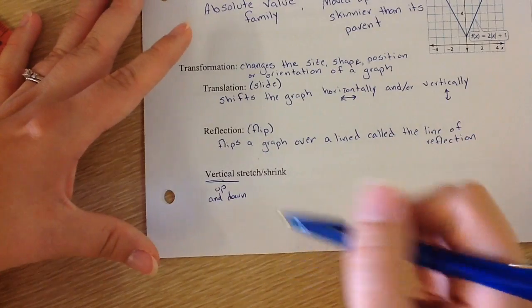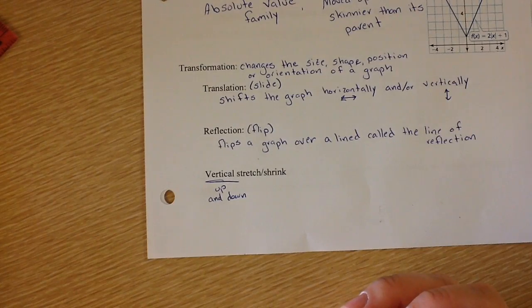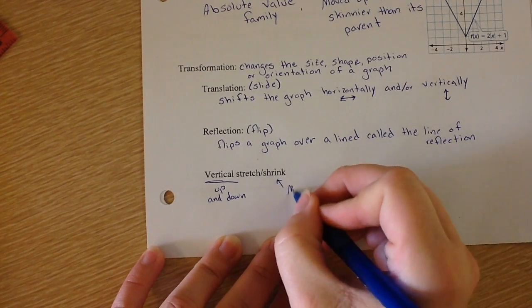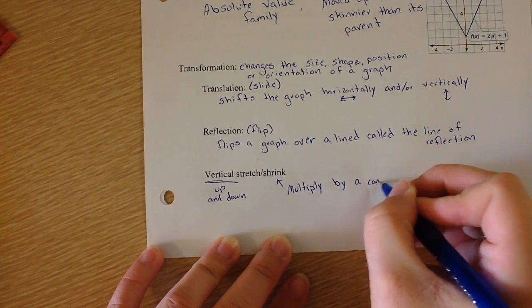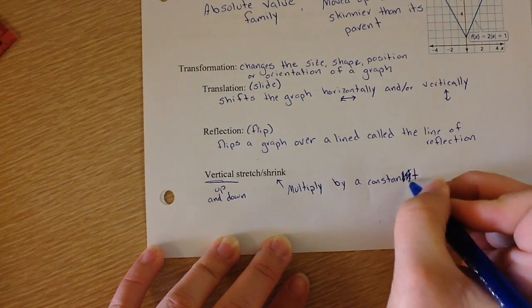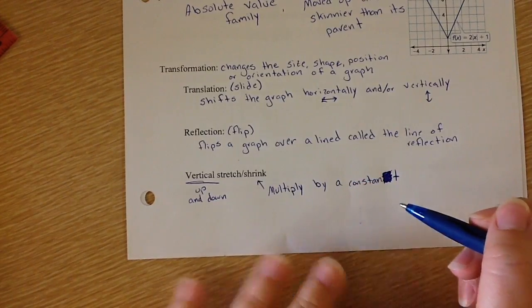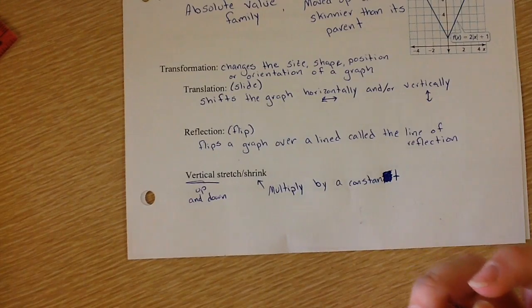So how this happens is when you multiply a function by a constant. Sorry, I'm back. So you need to multiply by a constant out in front of the function. It's going to either stretch it vertically or it's going to shrink it.